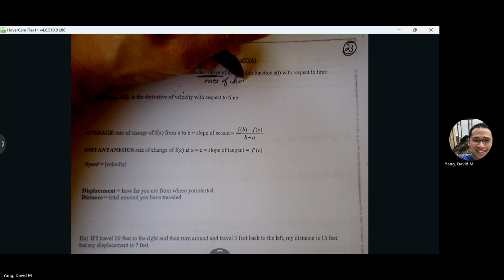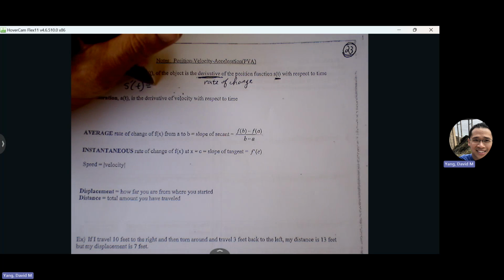So think of derivative as slope or the rate of change. If S of t is my position function, meaning I give it a time value and it returns the location or position, then the derivative S prime of t would be the same thing as the velocity function.